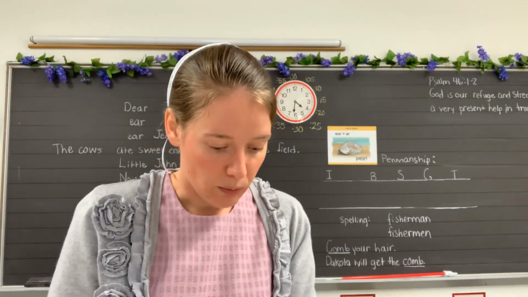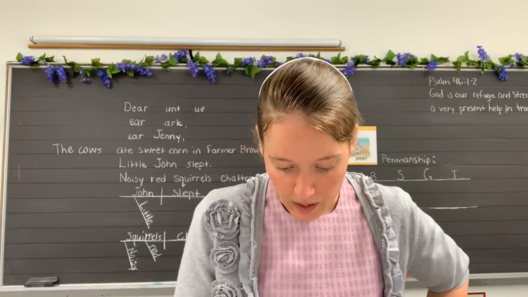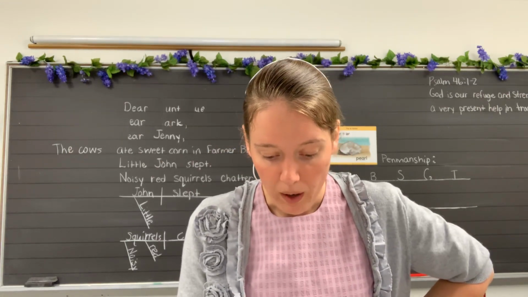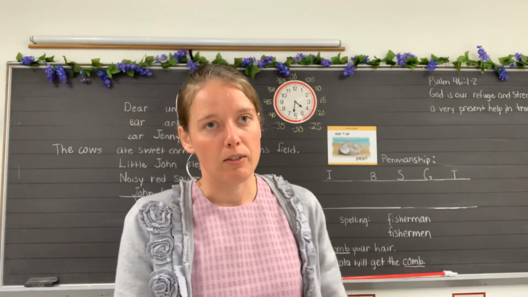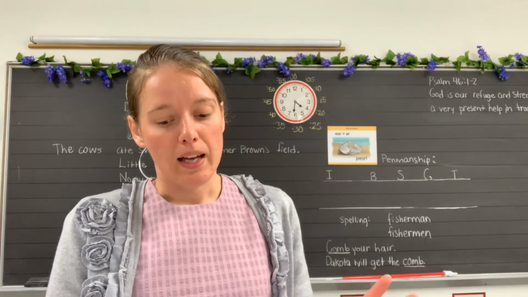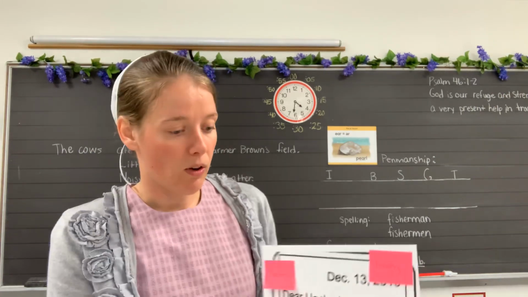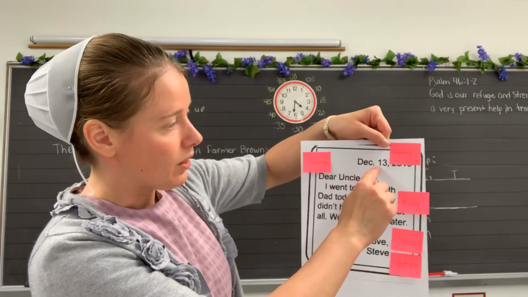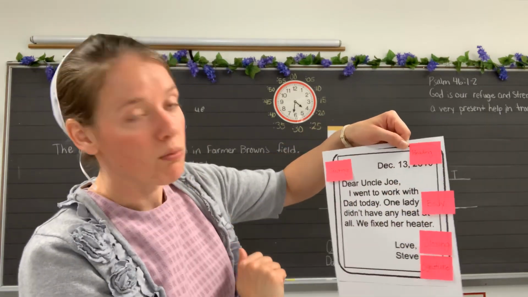Okay, so that was review, and let's now think about how many parts a friendly letter has. A friendly letter has 5 different parts, and yesterday we learned about one part. It's called the heading. The heading is the date that the person wrote the letter.